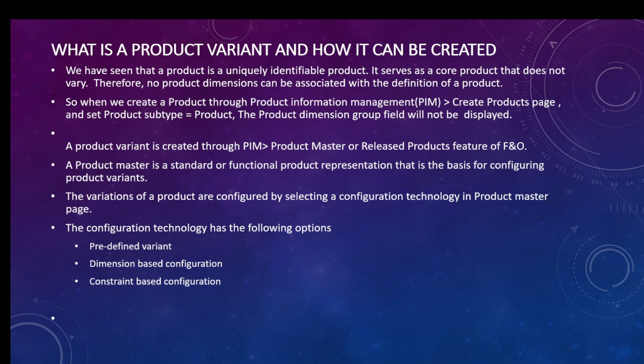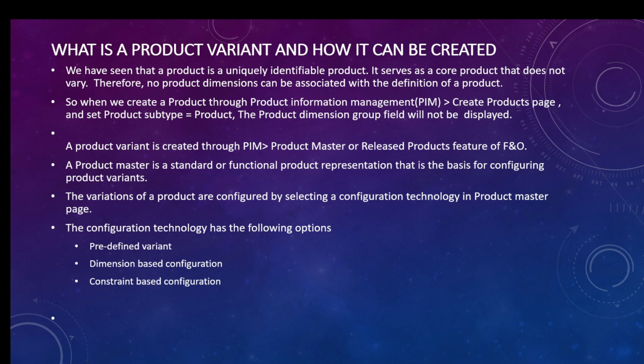Now, having known what a product is, let's see what a product master is. Before I start discussing a product variant or product master, I also want to remind you that when we create a product through product information management in F&O, on the create products page, we select a product subtype as product.